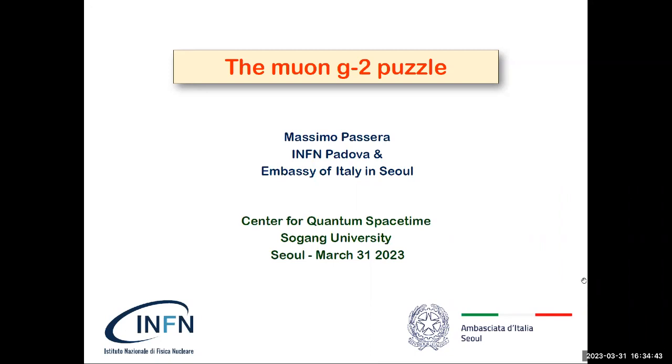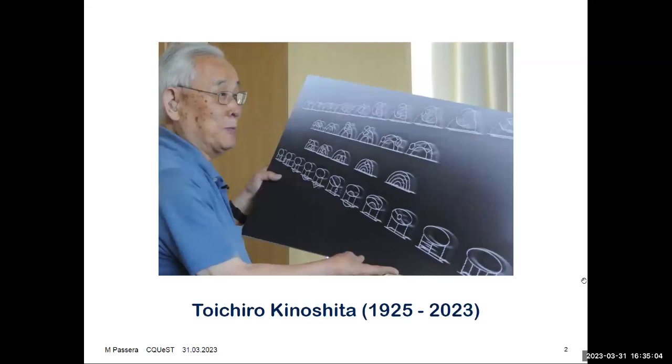So yes, I will talk about this muon g-2 puzzle, and as you will see, it's really a puzzle. In fact, there are probably several puzzles, and I will try to discuss them and see where we hope to go in the future. I would like to dedicate this talk to Professor Kinoshita.